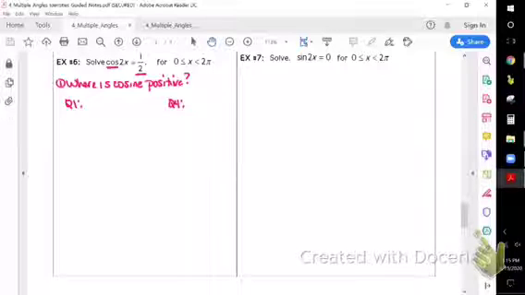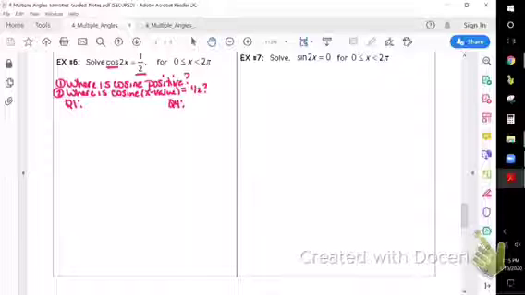Alright, then I want to know where in each quadrant, so I'm just going to put where is cosine, which remember is your x value, equal to 1/2.